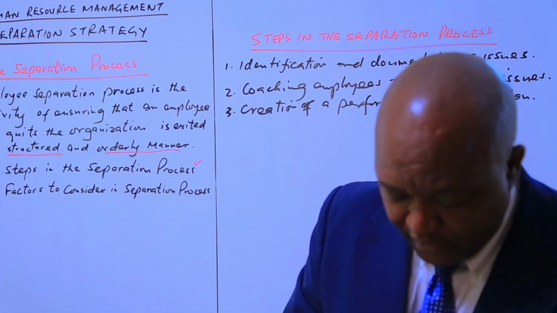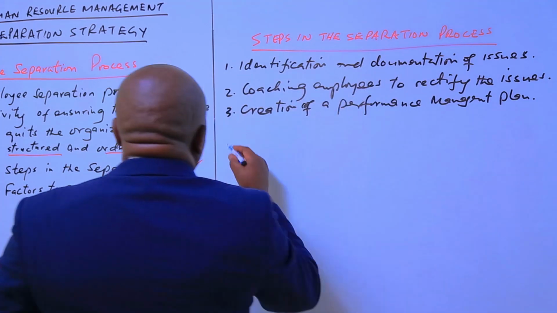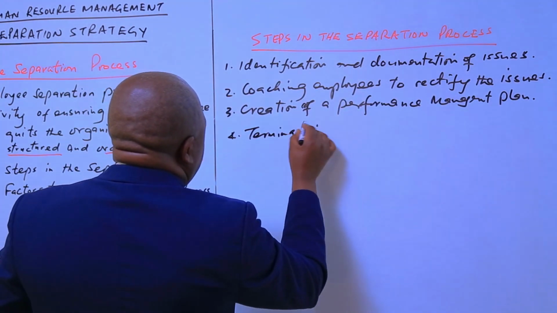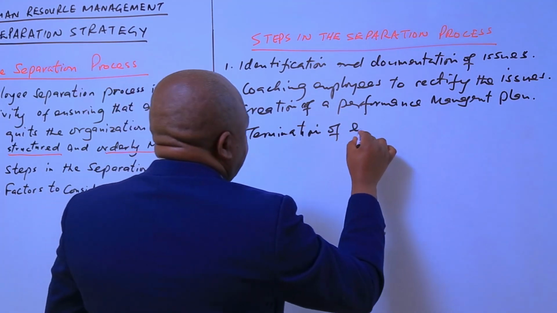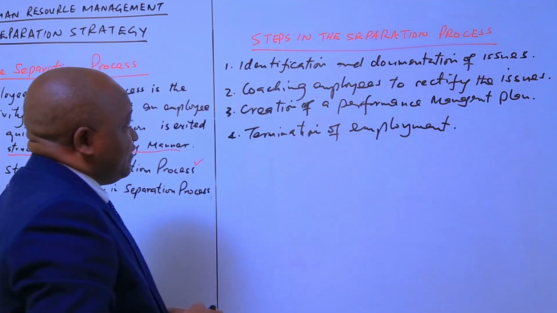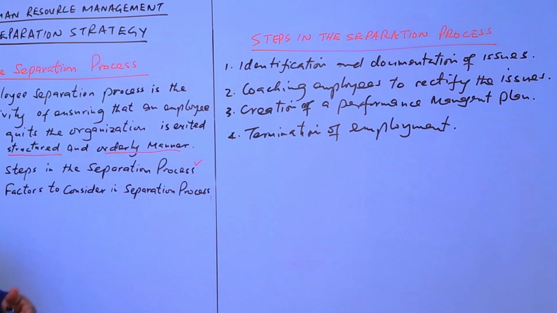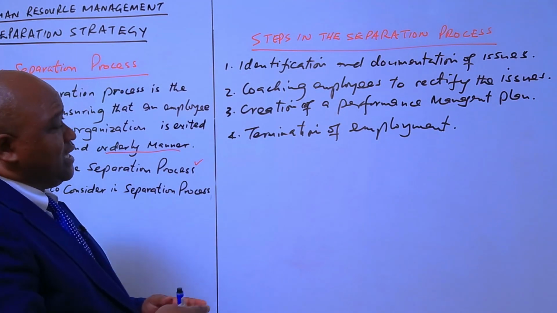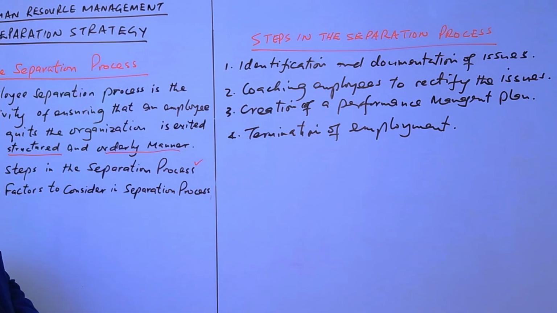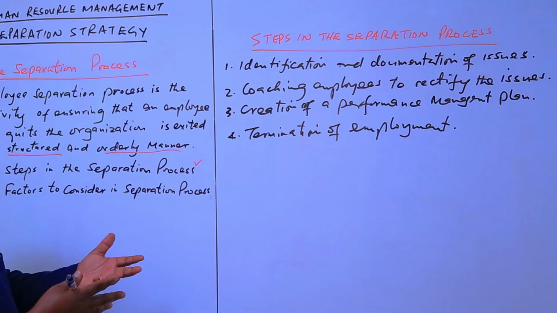Then number 4, termination of employment. Issues have been identified and documented, coaching has taken place, the employee has been told to rectify the issues, a performance plan has been put in place, and still the desired improvement is not being achieved by the employee.